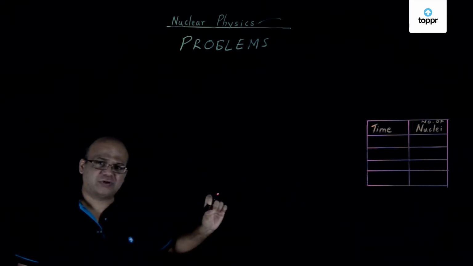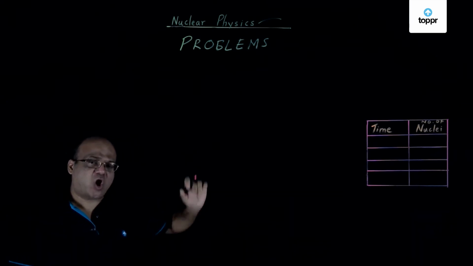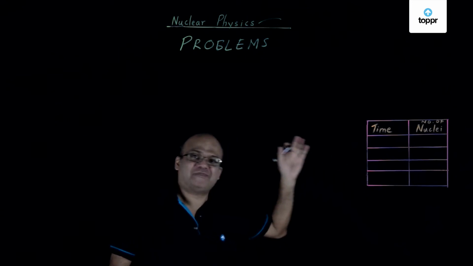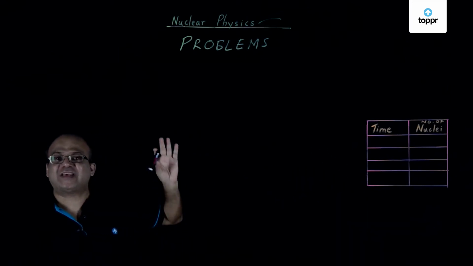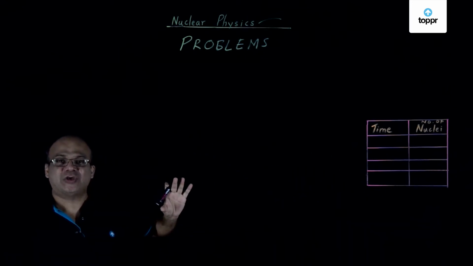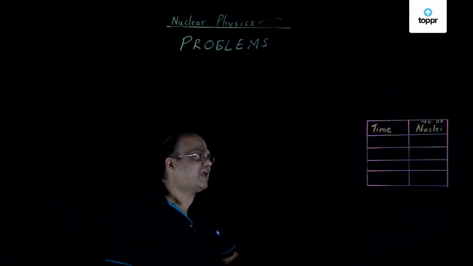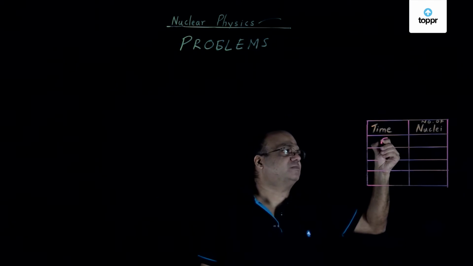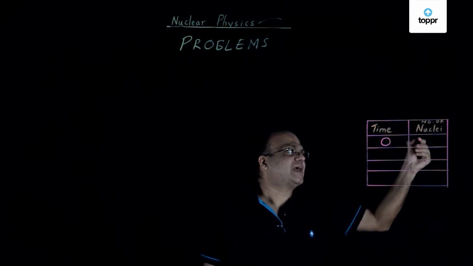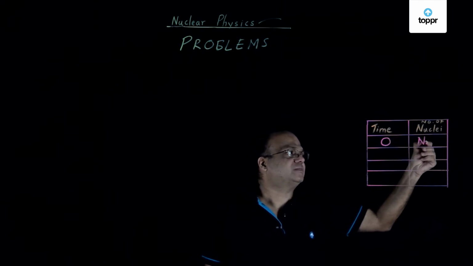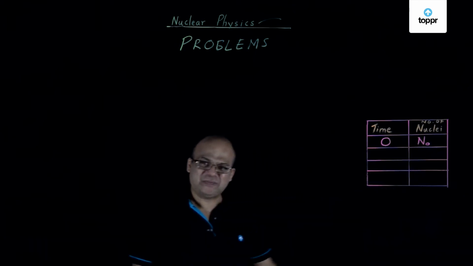We have to prove that the mean life or average life of a radioactive substance is 1 by lambda. We have to prove it mathematically. At time t equal to 0, there are N0 nuclei.